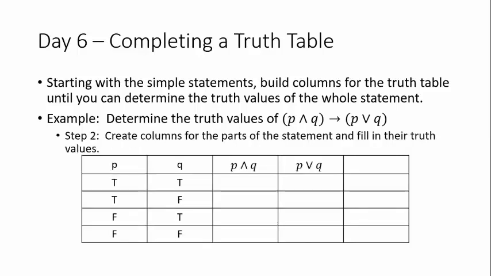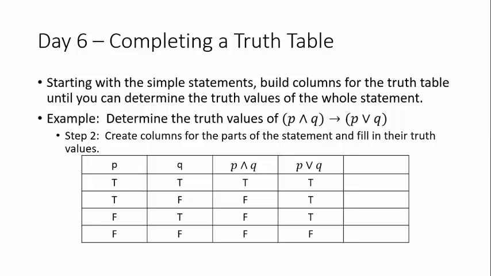The next thing we're going to do is create columns for parts of the statement and fill in their truth values. So I've got these parts P and Q and also P or Q. I need to know those truth values. So I filled these in. Remember that an AND statement is only true when both of its parts are true. The rest of the time it's false.